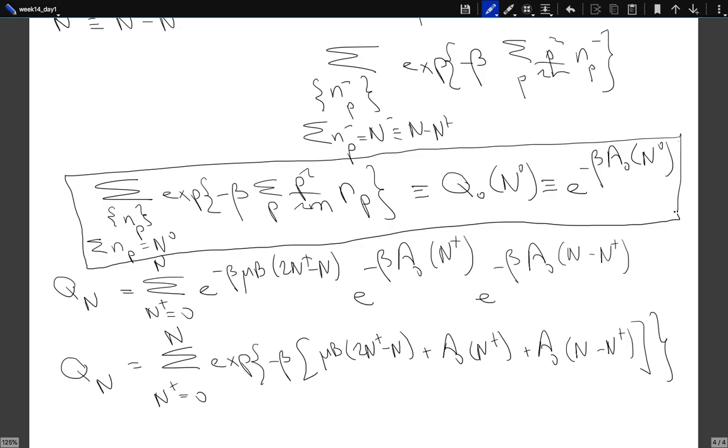So Np are the number of spinless electrons having momentum p, and I'm summing over all possible sets Np such that the sum of the integers is N0. And I define this partition function to be Q0. So basically Q0 of N0 is the partition function of N0 spinless electrons.